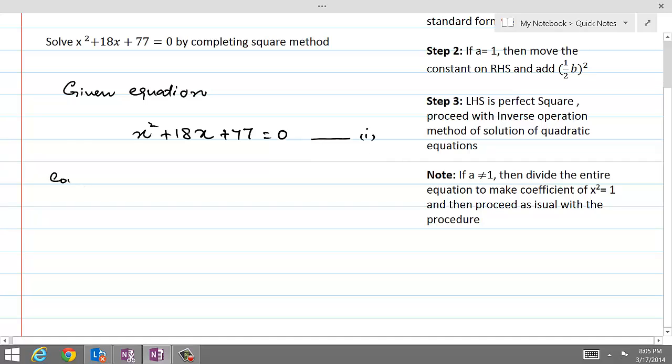So comparing with the quadratic equation in standard form.